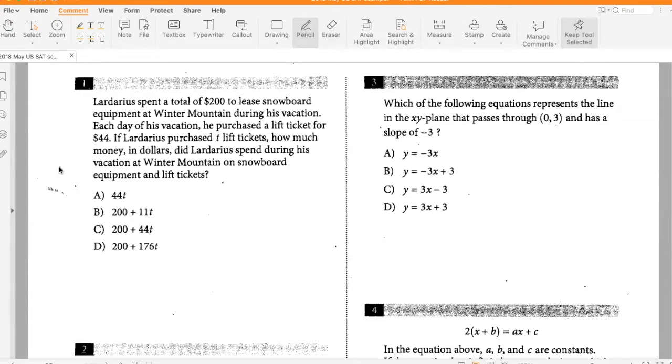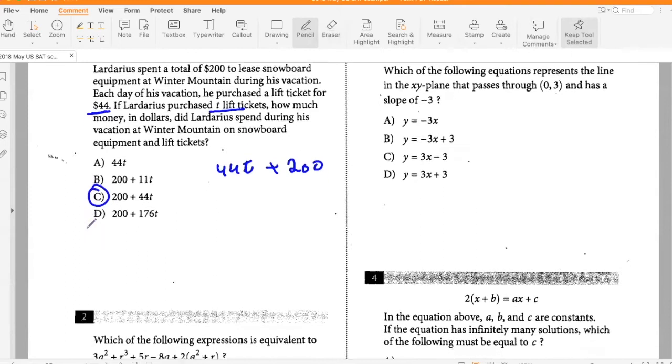So the amount that he spent on lift tickets would be 44T because there were T lift tickets and he purchased each ticket for 44. Plus he spent 200 on leasing the snowboard equipment. So the total is 44T plus 200, option C.